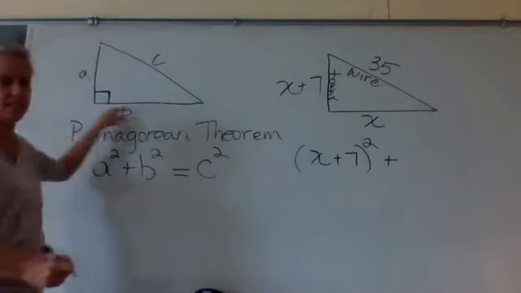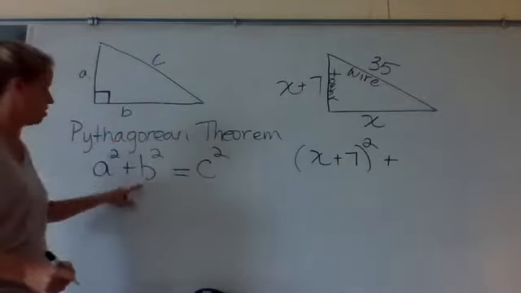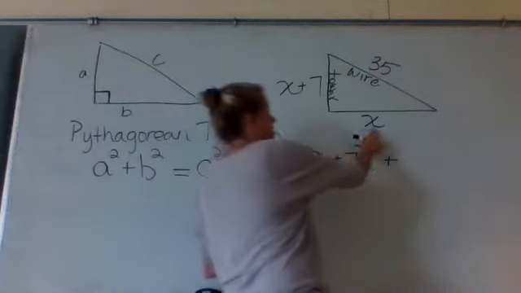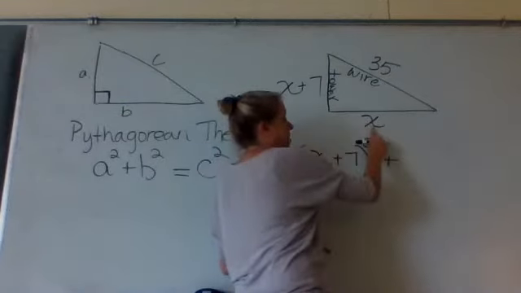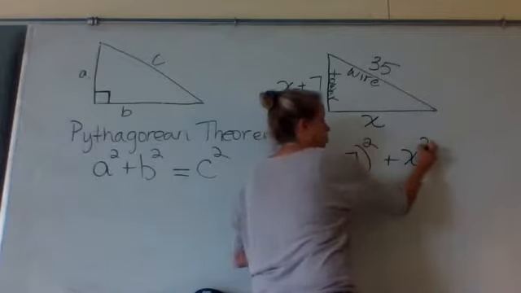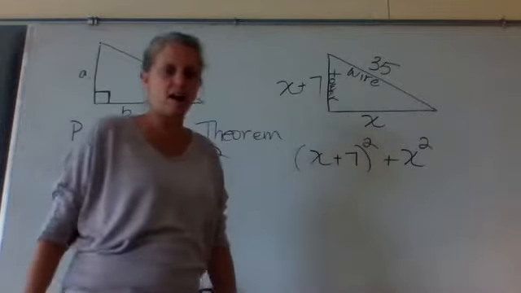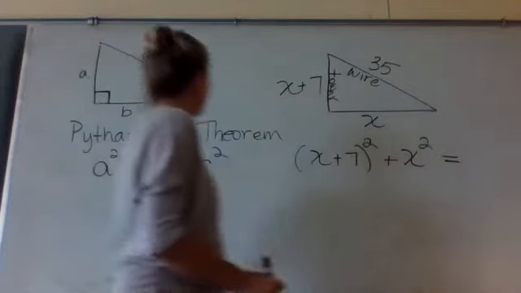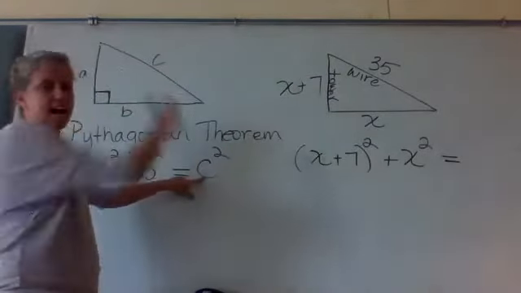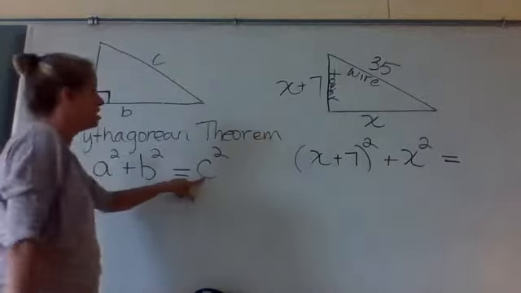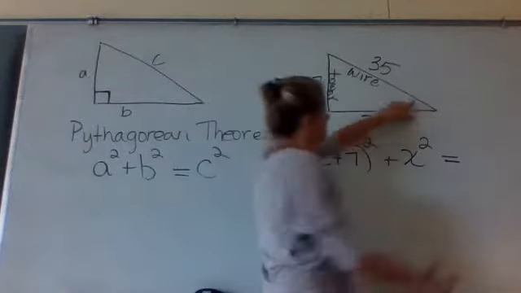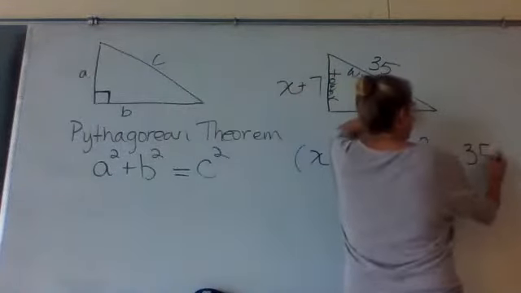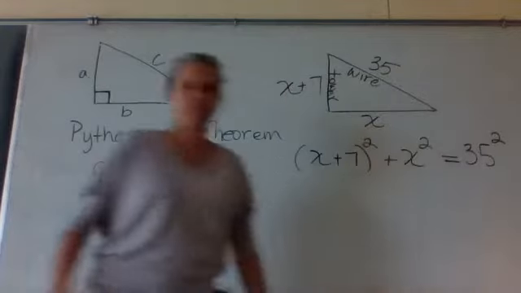This side squared. So the b squared, so down here, how do you write this side squared? Well, it's x, so I'm just going to write it as x squared is equal to the slanted side, the hypotenuse squared. So this side will be 35 squared.